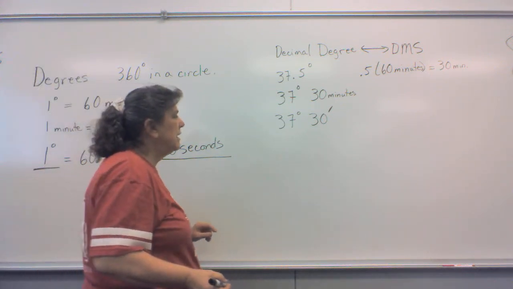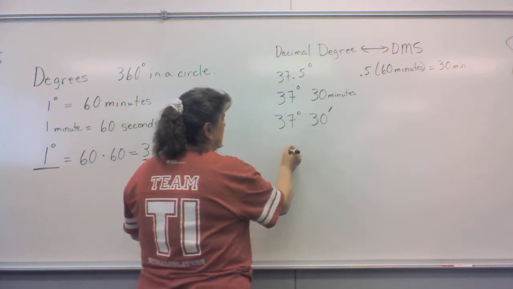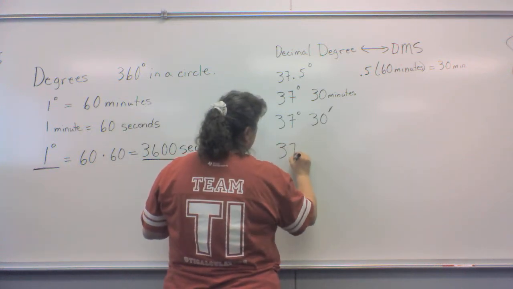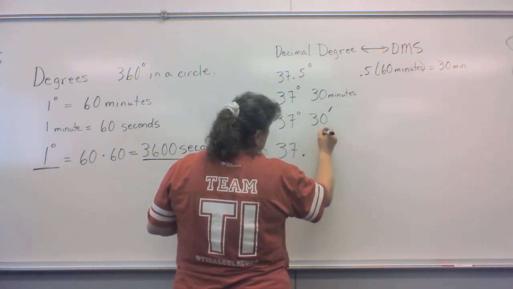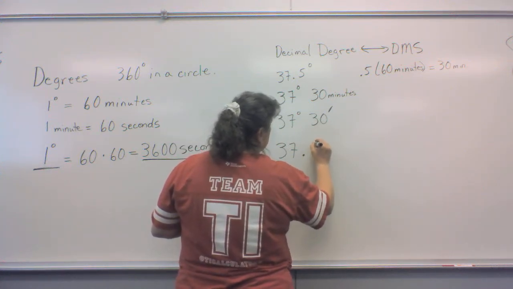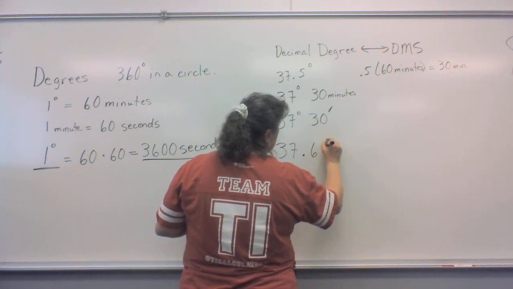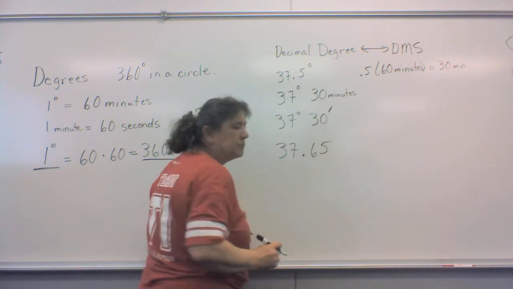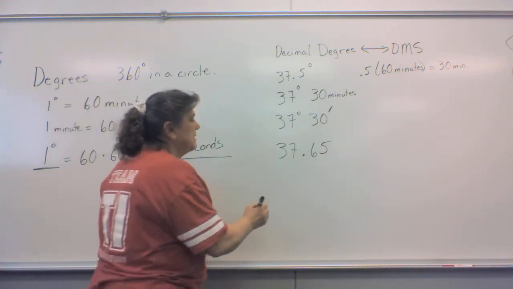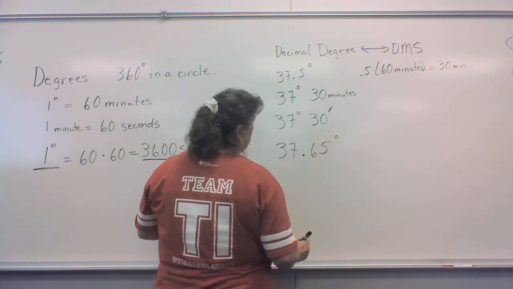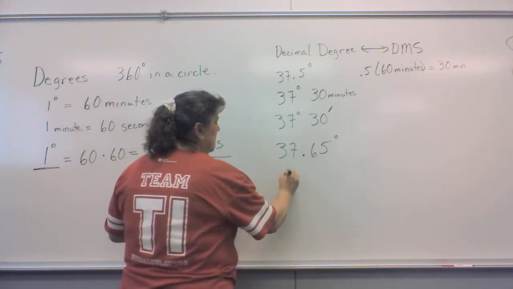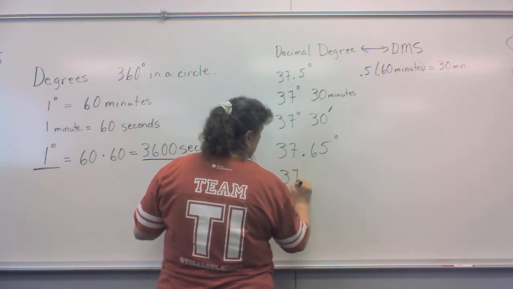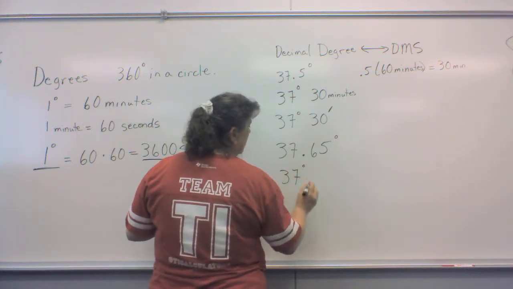So now let's look at an even harder one. We're going to have 37.65 degrees. Again, my 37 is my whole part, so that isn't going to change, and that's your degree part.